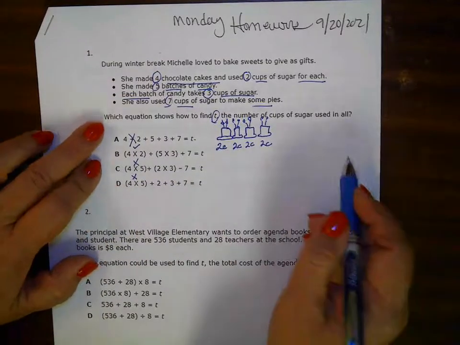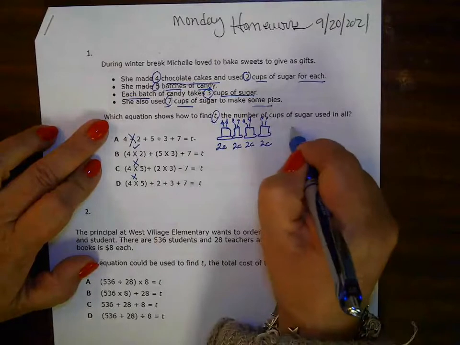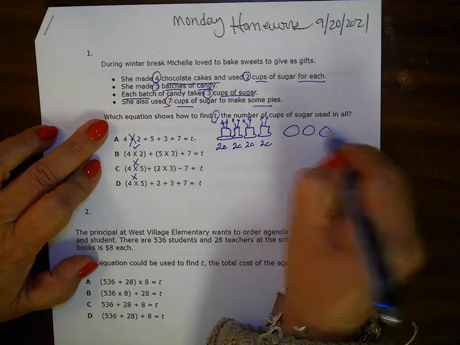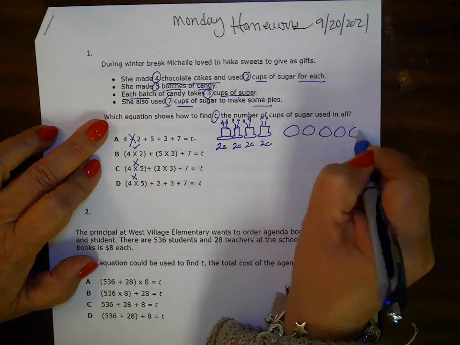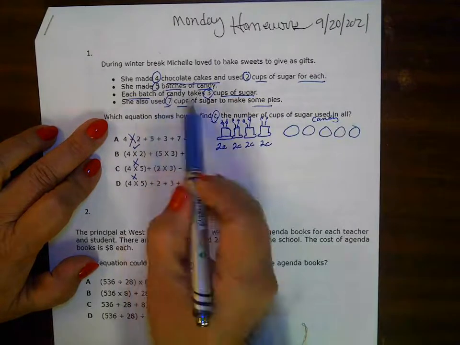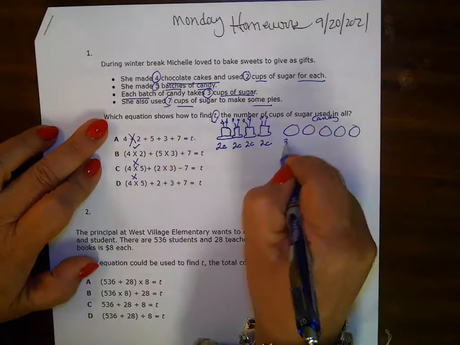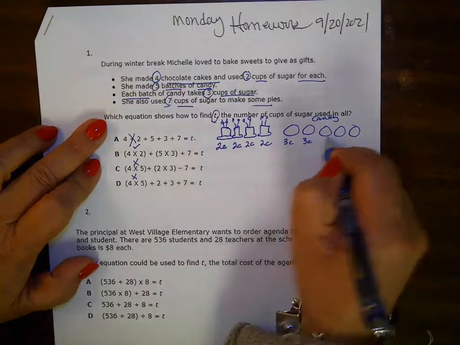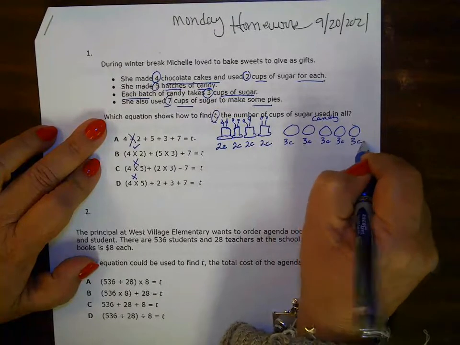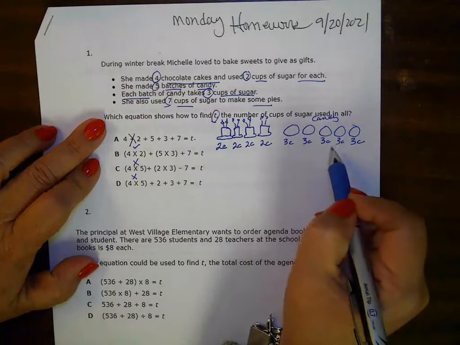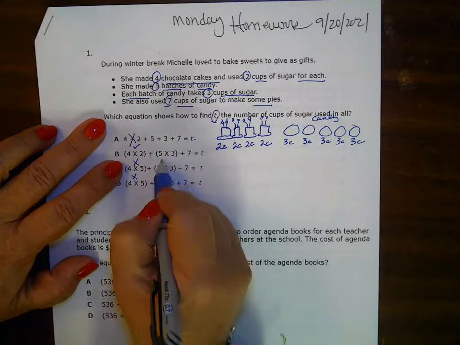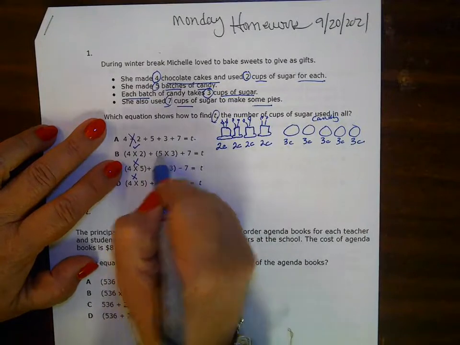So now let's go on. She had 5 batches of candy. So I'm going to just do 1 batch, 2 batch, 3 batch, 4 batch, 5 batch. This is candy. And for each batch of candy, she used 3 cups of sugar. So what would be my operation here to find out how many cups of sugar she used? There we go. 5 times 3.